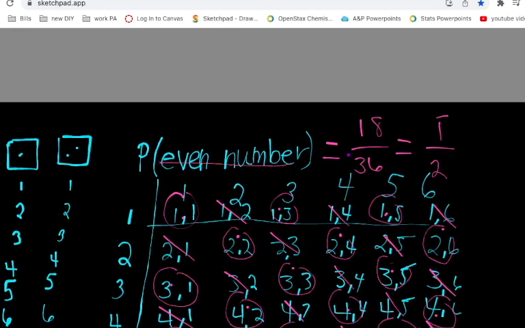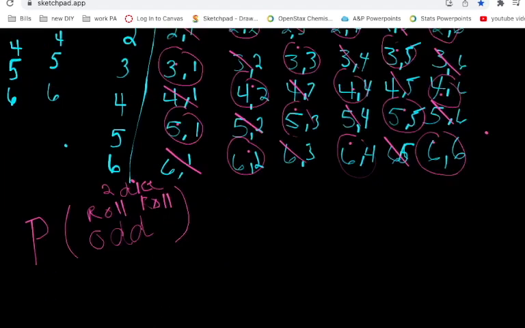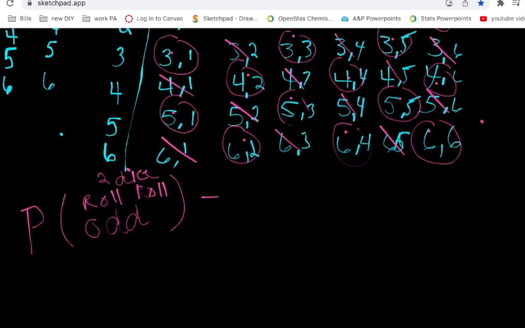Well, for it to be even is 1/2. There's a chance that it is going to be even, and therefore the complement, which is it being odd, is going to be the rest of the probability, which in this case is 1/2.